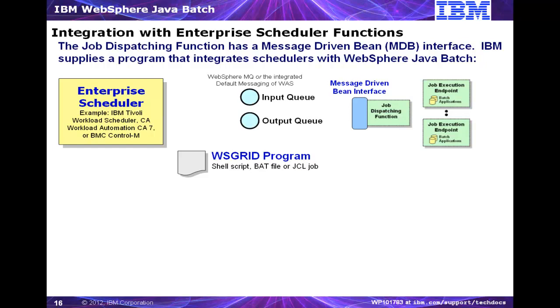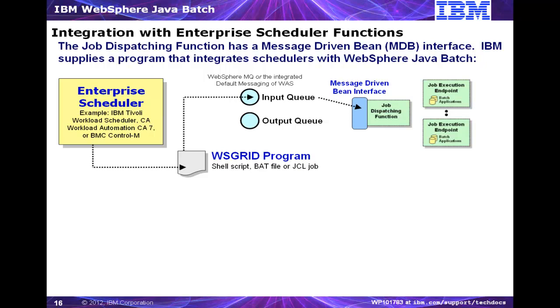Now, messaging implies message queues, and for this to work, two are needed, an input queue and an output queue. They may be implemented in WebSphere MQ or in the default messaging function of WebSphere Application Server. This does not require MQ. However, if you have MQ, then of course MQ works very well for this.